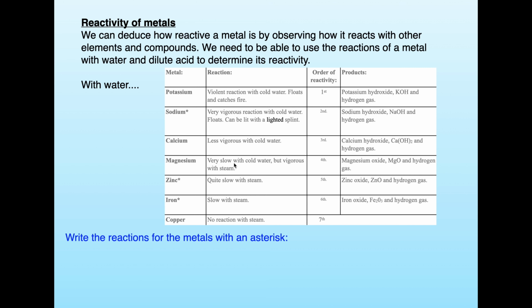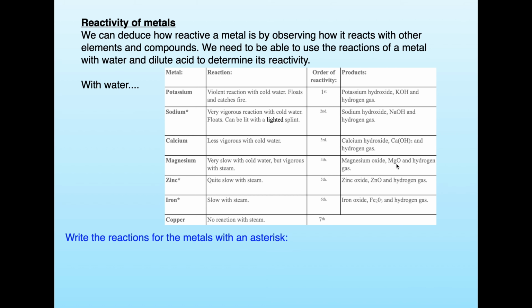It reacts very slowly with cold water, but it reacts vigorously with steam. So we have to heat the water up, make steam, and magnesium reacts vigorously. There's a difference in the products. When something reacts with cold water rapidly, a hydroxide is formed. But when you need to use steam, an oxide is formed. Something for you to note.